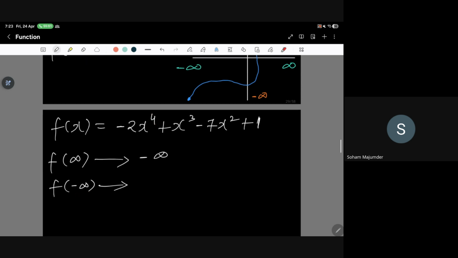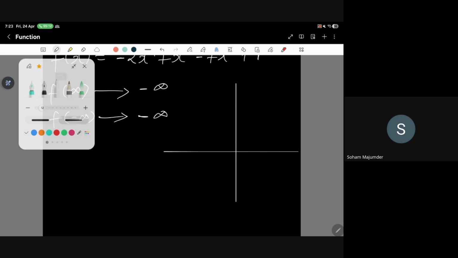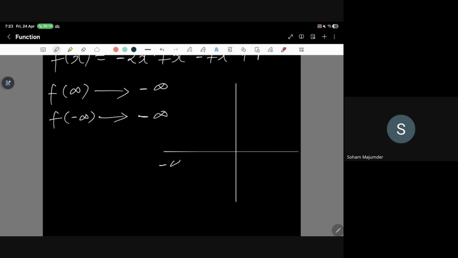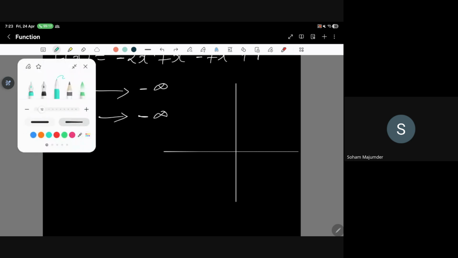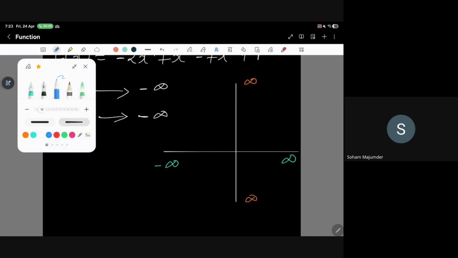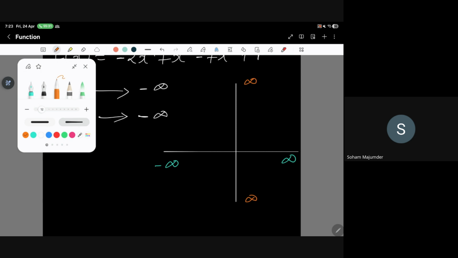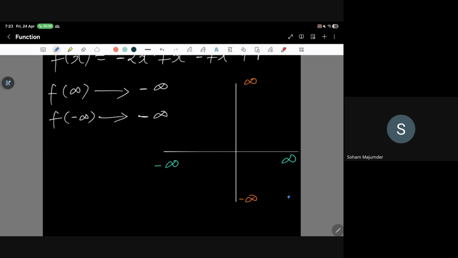So it is going towards minus infinity. So when x is infinity, y is minus infinity, and when x is minus infinity, y is again minus infinity.